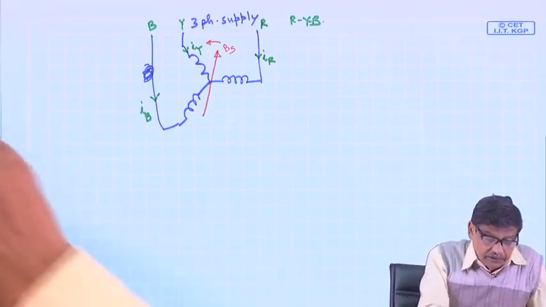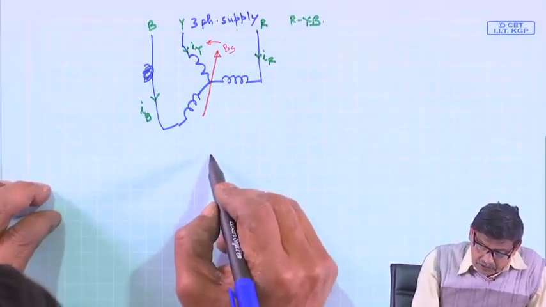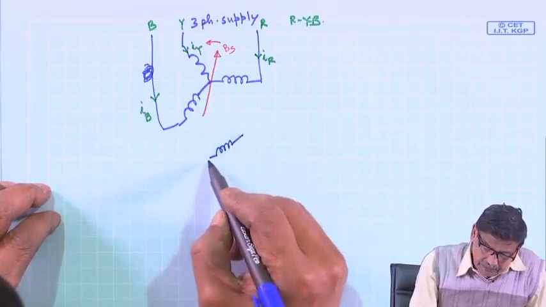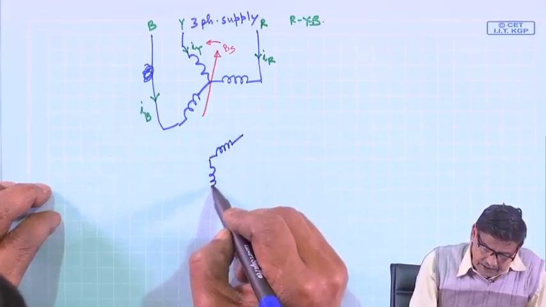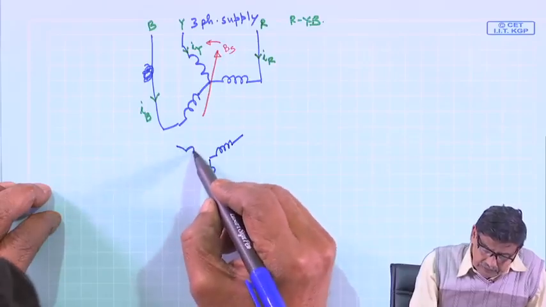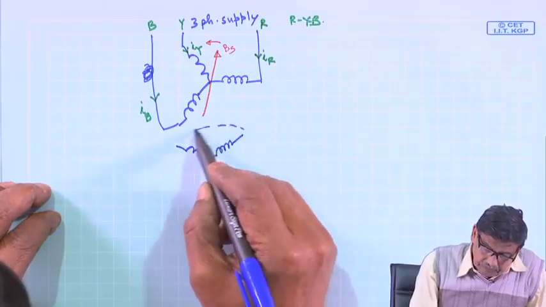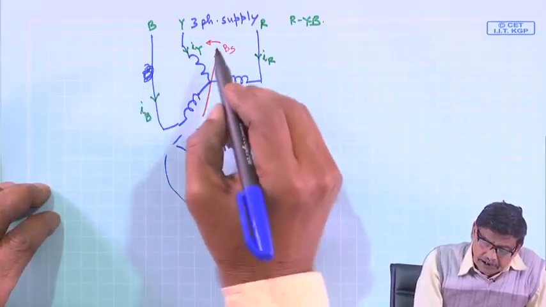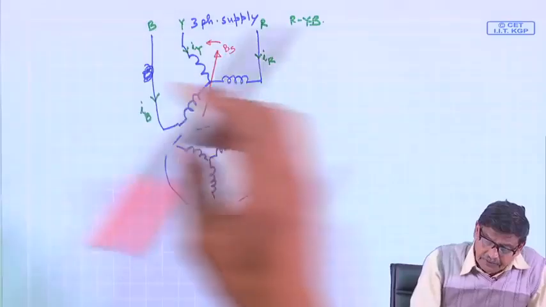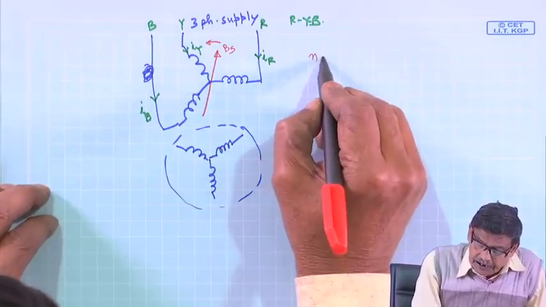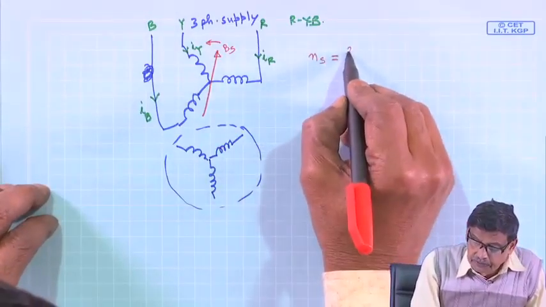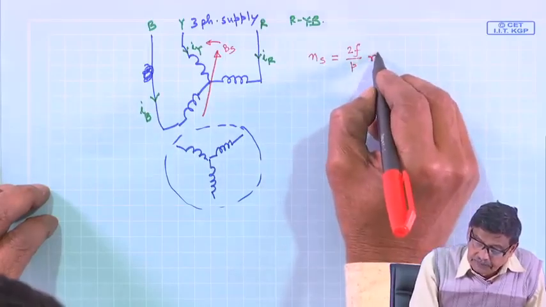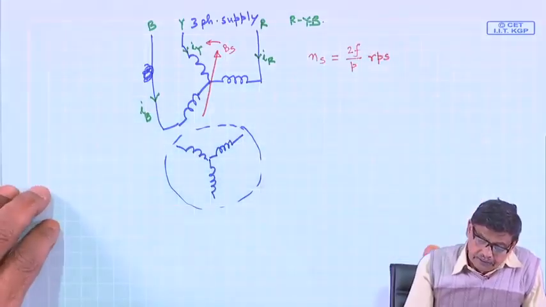Okay. And then I told you that there is also a rotor. Rotor has got a 3-phase winding, just like the stator had. And this rotating field, the stator field, moves with a speed ns, which is equal to 2f by p rps, mechanical speed.